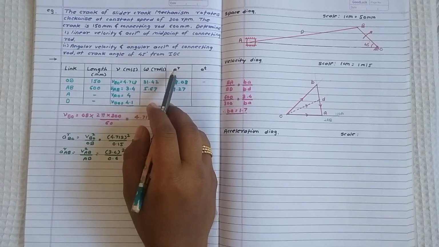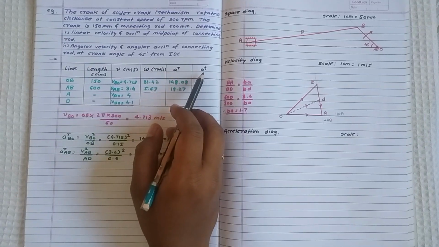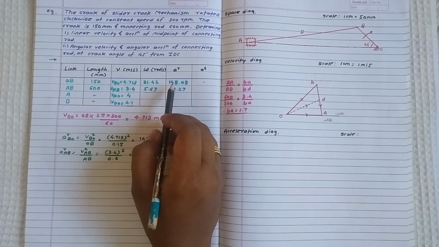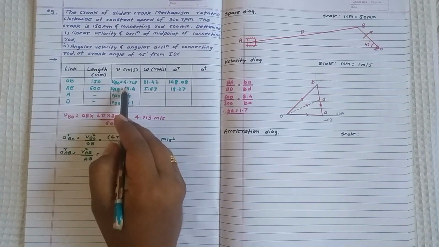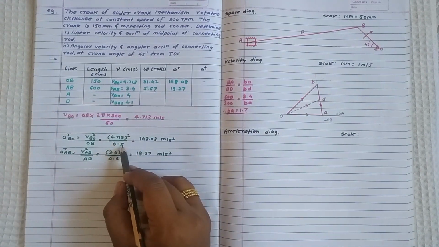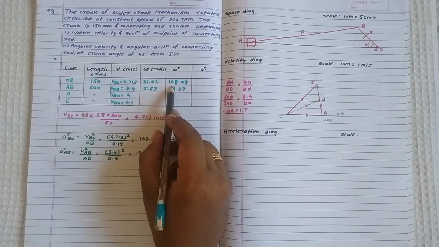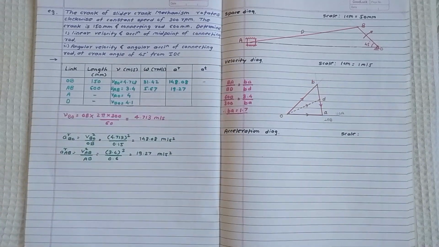The radial component AR is equal to V square upon R, and the tangential component AT is R into alpha. Let us check for the input link OB: V square upon R, with velocity 4.713, so 4.713 square upon 0.15 is 148.08 meter per second square. Same for AB, we have found V square upon R as 19.27.